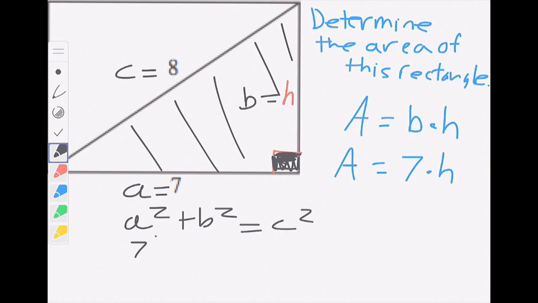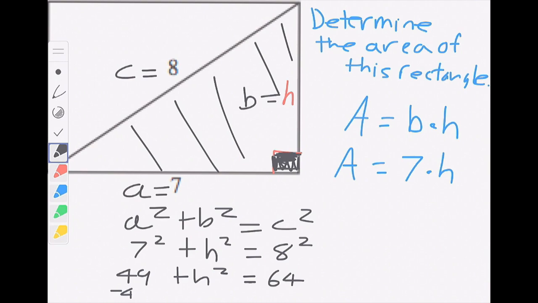The a is 7, the b is what we're looking for, our height, and the c is the longest side of the triangle, which is the hypotenuse. We end up getting 49 plus h squared equals 64. Subtracting away 49 will tell us that h squared is worth 15. So h would be worth radical 15.